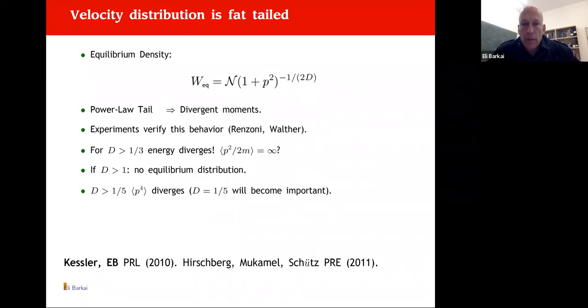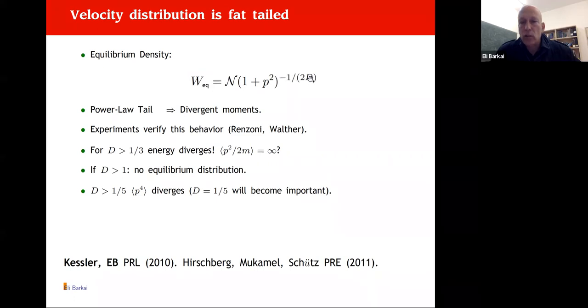Let us see now, based on this momentum distribution, what the velocity distribution of these particles is. If I take the Fokker-Planck equation and look at the long time limit, what I see is that the velocity distribution is given by this law: 1 plus p squared to the power minus 1 over 2d.